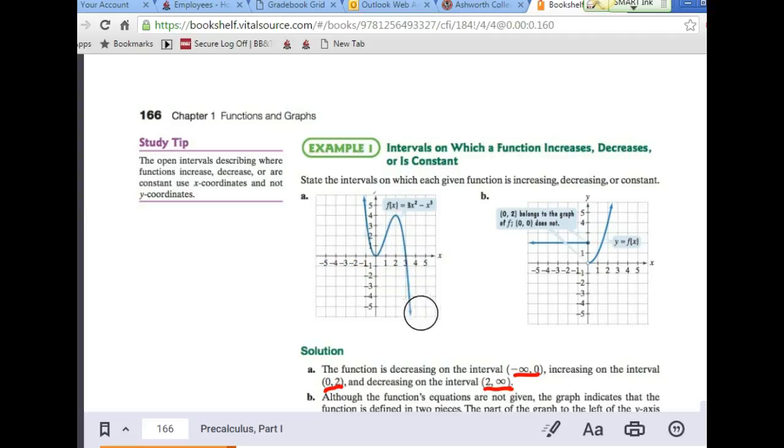Now, let's look at B. We're trying to find where this is increasing or decreasing. My critical points here are going to be here at 0. That seems to be the only one.